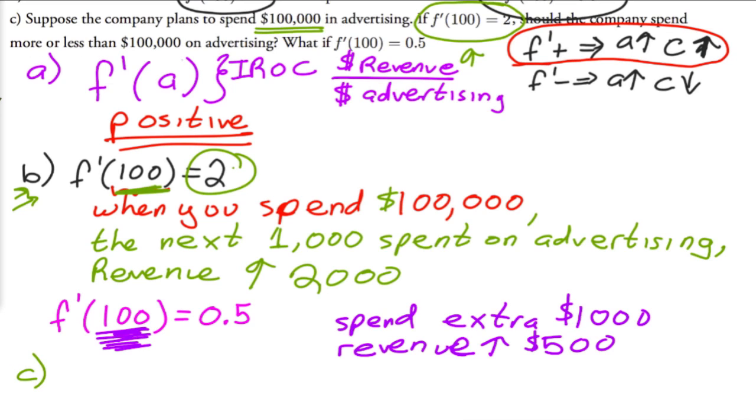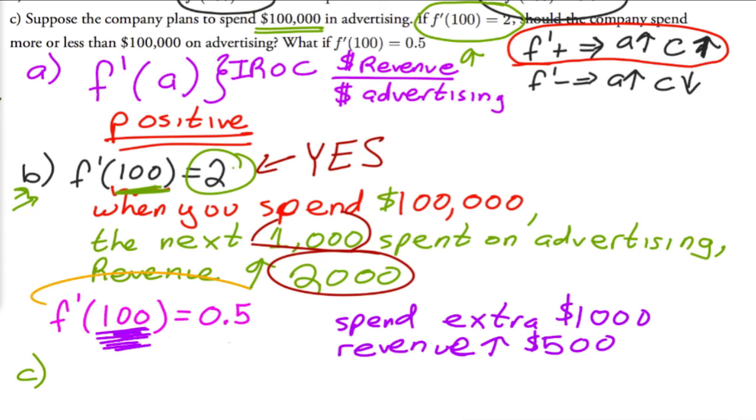So this is exactly what we were just talking about. In this situation, we would say yes, definitely spend more, because you spend 1,000 and you get 2,000. But in this situation, you would say no, because you spend 1,000 and you get 500.